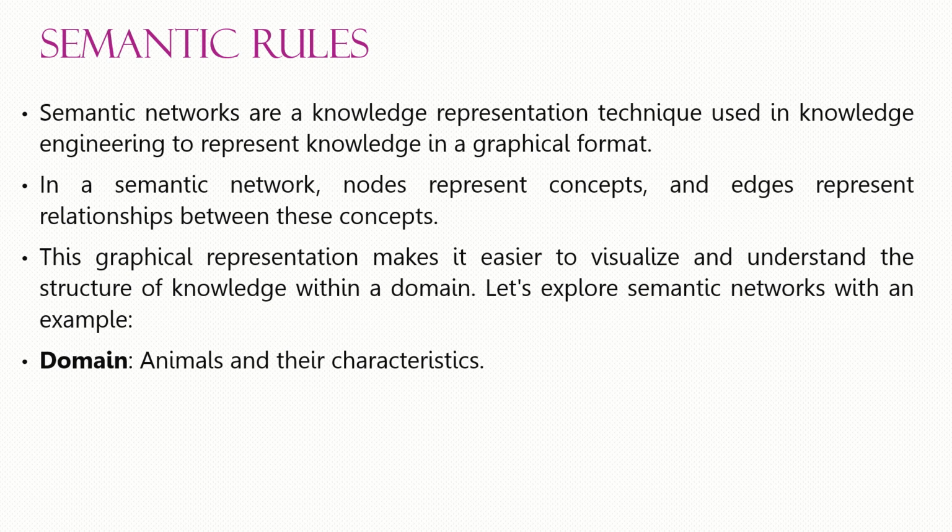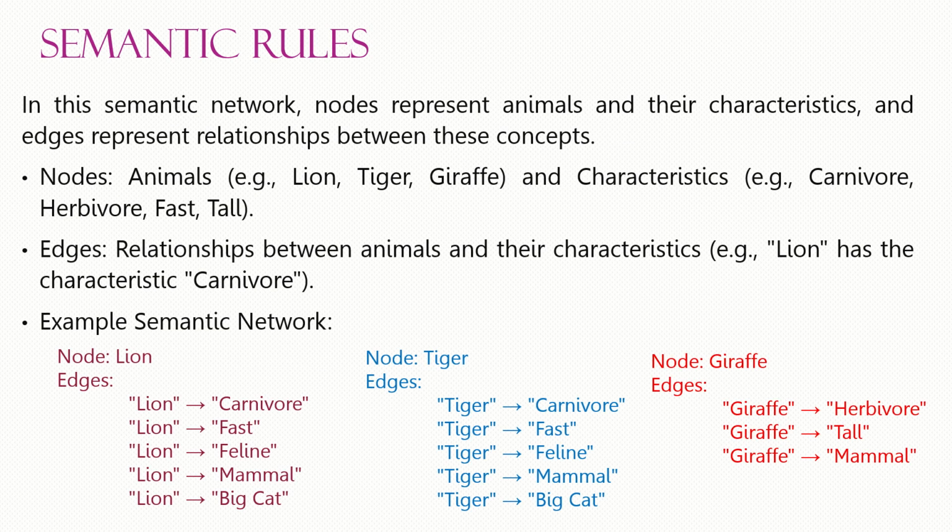Let us explore this with an example where the domain considered is animals and their characteristics. In this semantic network, the nodes represent the animals and their characteristics, and the edges represent the relationships between these concepts.